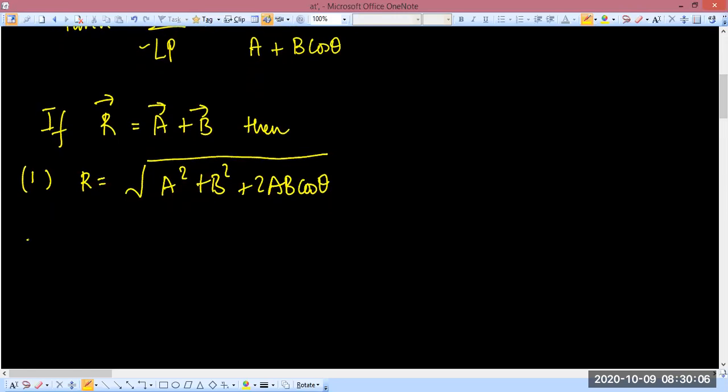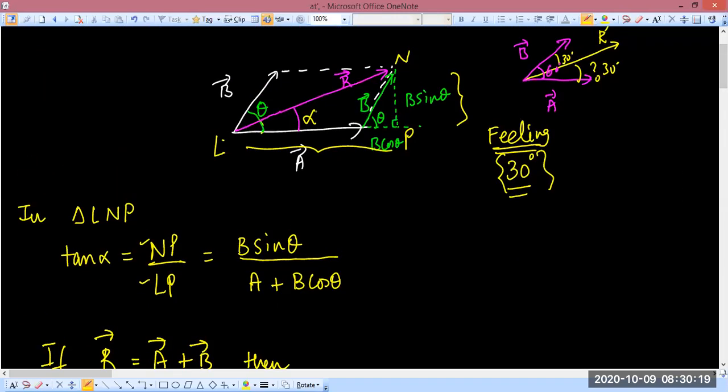Then second one, the angle between r vector and a vector. See the diagram, everyone. This alpha is the angle between r vector and a vector. I hope you all understood what I'm drawing, right?